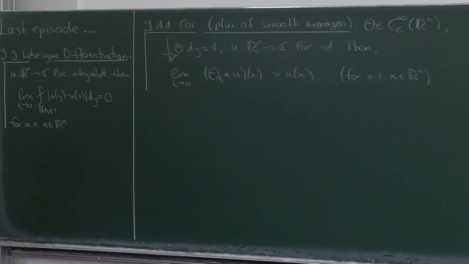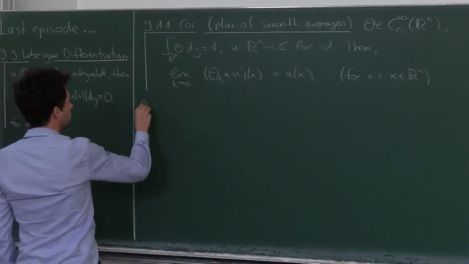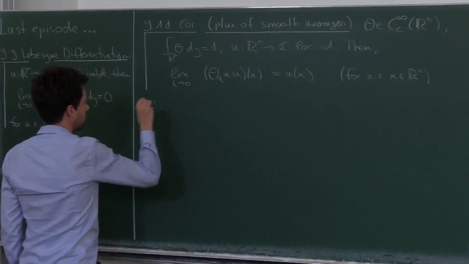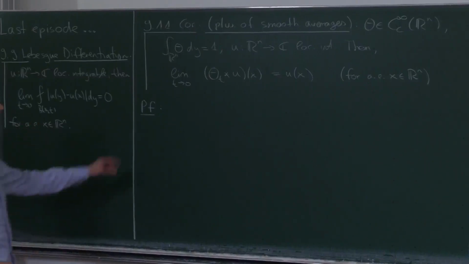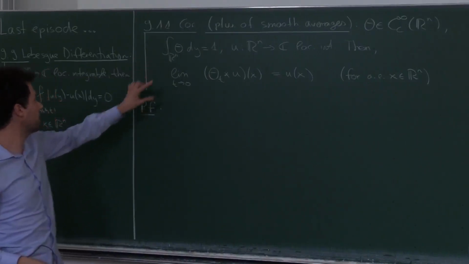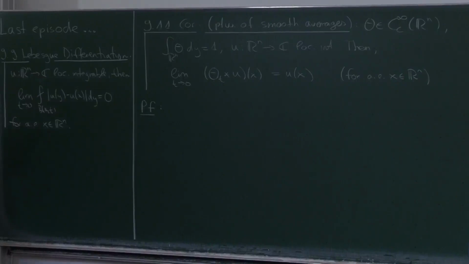And I'm going to do the proof just to show you once again that the Hardy-Littlewood operator is really the one that rules all sorts of averages that we're thinking of. And so we're going to play the corollary for smooth averages back to Lebesgue differentiation.